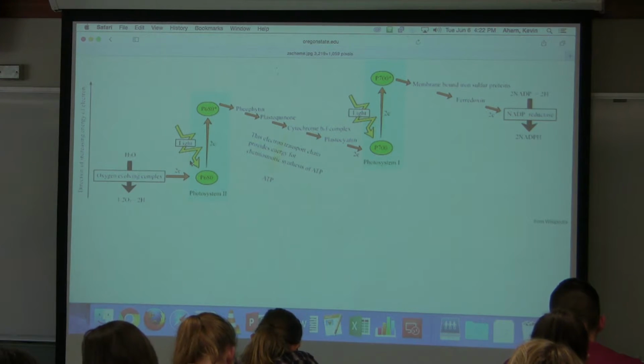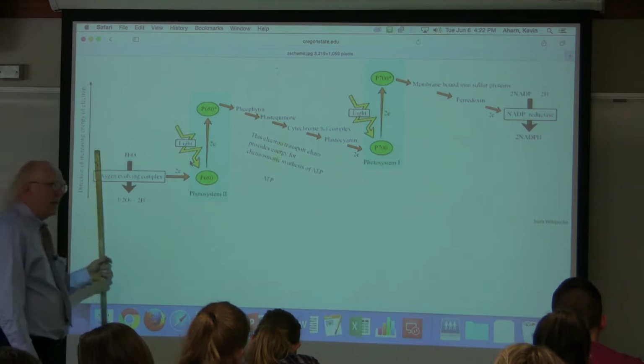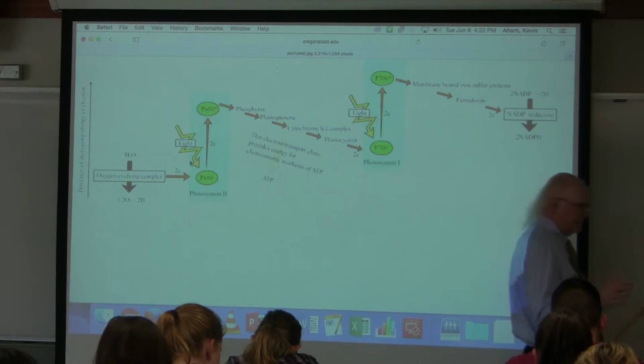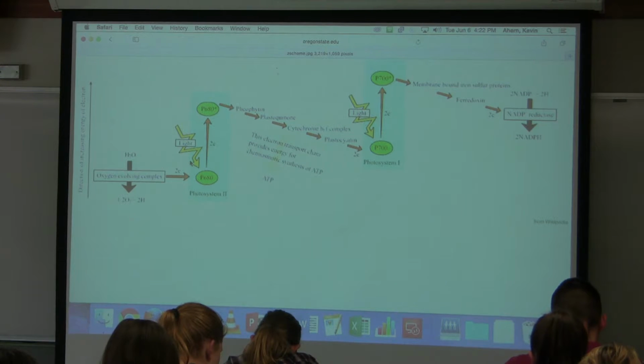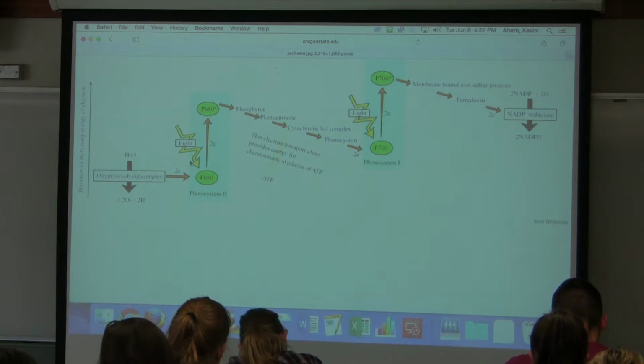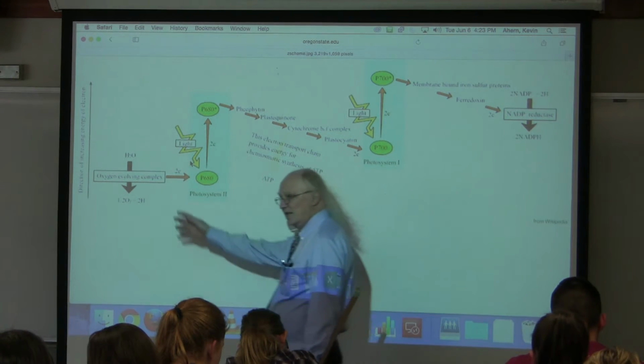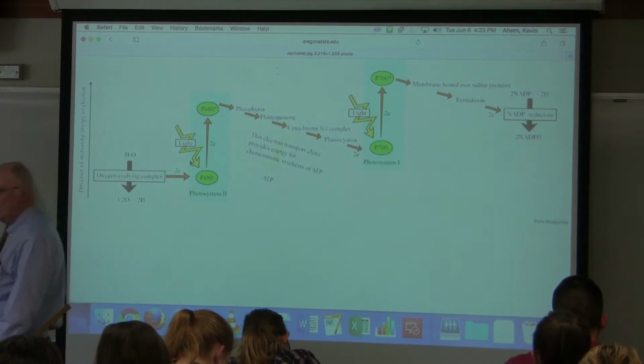And what does this oxygen evolving complex contain? It contains manganese. Not magnesium, manganese. Chemical symbol Mn. Well, now the manganese system is lacking 2 electrons.